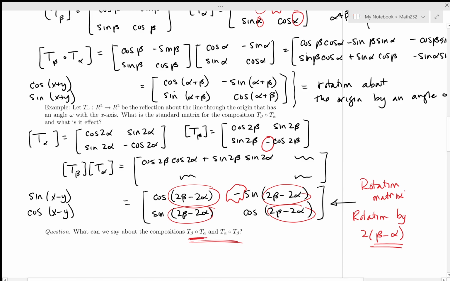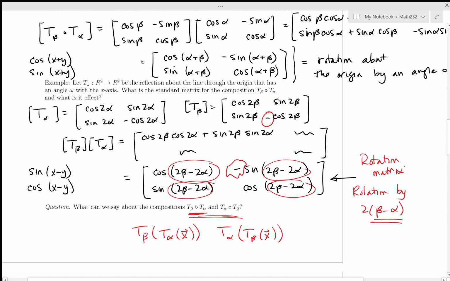We've got the composition, this one, T of beta of T of alpha of x, and then we have here T of alpha and T of beta of x. Okay, in the first case, where we have a composition of 2 rotations, these things are going to be equal.